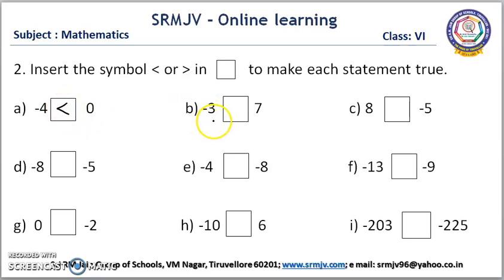Then, minus 3, 7. The value of the positive integer is always greater than the negative integer. So, 7 is the greater. 8, minus 5. Here also, positive number is greater than the negative number. So, 8 is the greater.